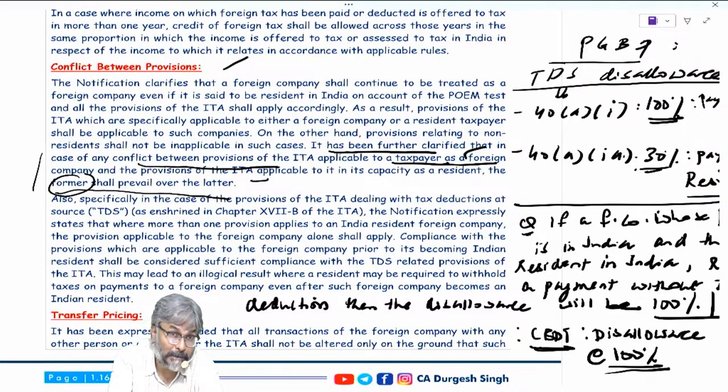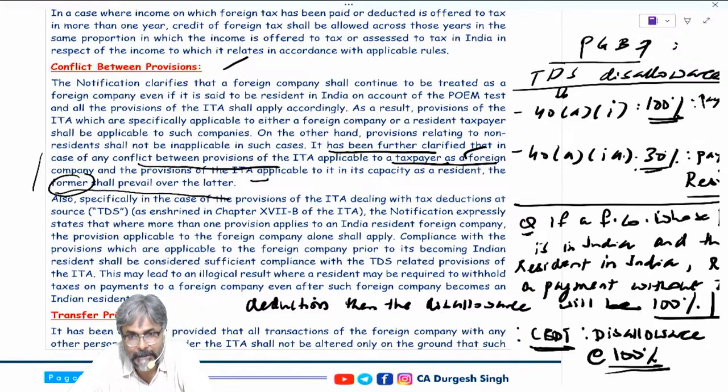Because as far as the individual is concerned, please remember the rate. I gave you a particular comparative chart. Remember that in the optional scheme, and in the default scheme of 115BAC, what is the slab rate? In the default scheme of 115BAC, up to 3 lakhs nil, 3 to 6 lakhs 5%, 6 to 9 10%, 9 to 12 15%, 12 to 15 20%, and above 15 lakhs 30%.